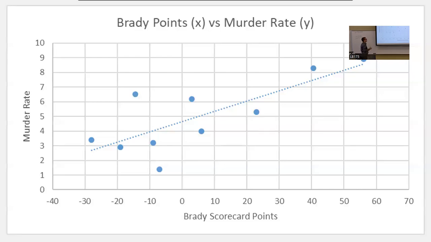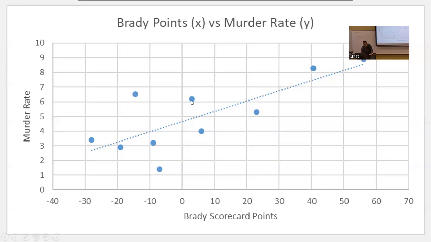And before I move on, I want to say something about the phrase least squares regression line. The reason it's called least squares is what this line does is it minimizes the squares of the error. An error is how far above each point is from the line or how far below each point is from the line.